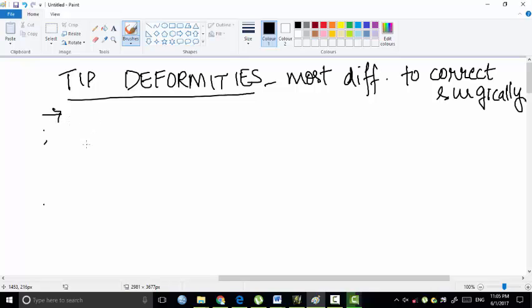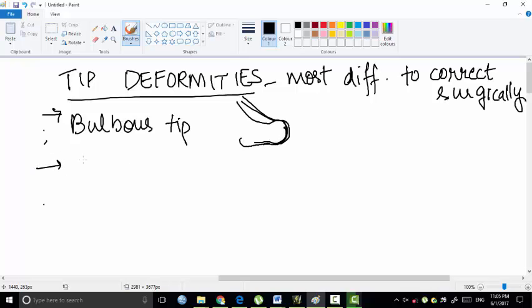One is bulbous tip, that is, the tip is something like a bulb, or it may be a narrow or pinch tip.